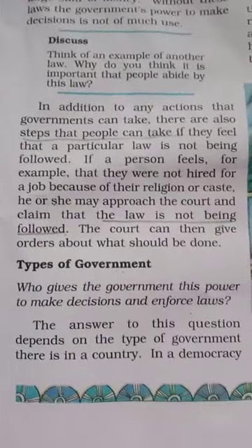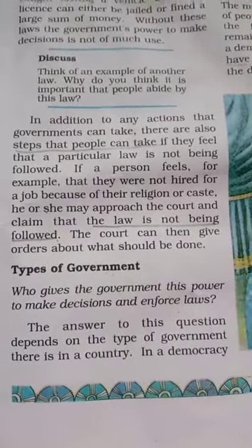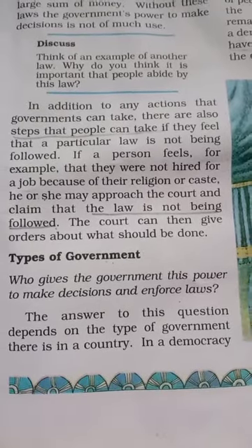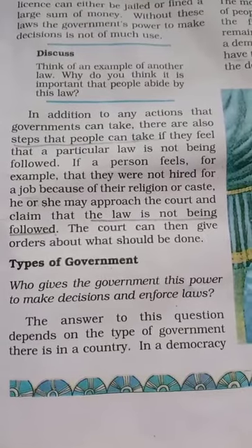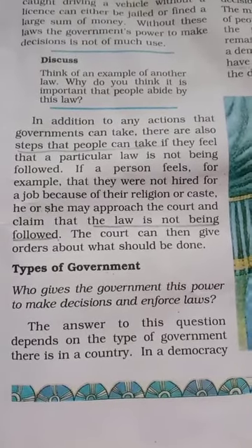Now, the next paragraph: in addition to any actions that the government can take, there are also steps that people can take if they feel that a particular law is not being followed.